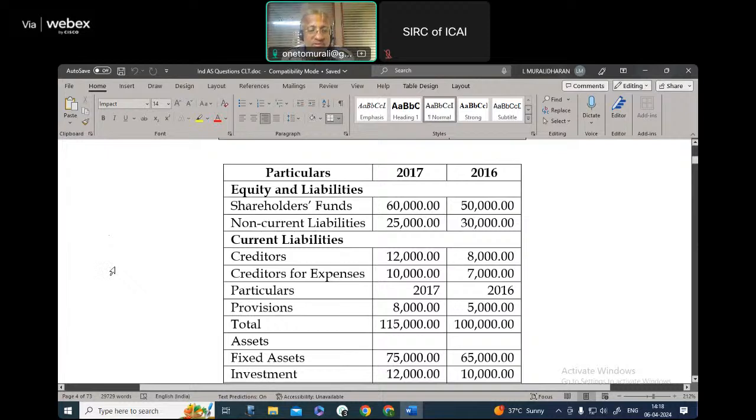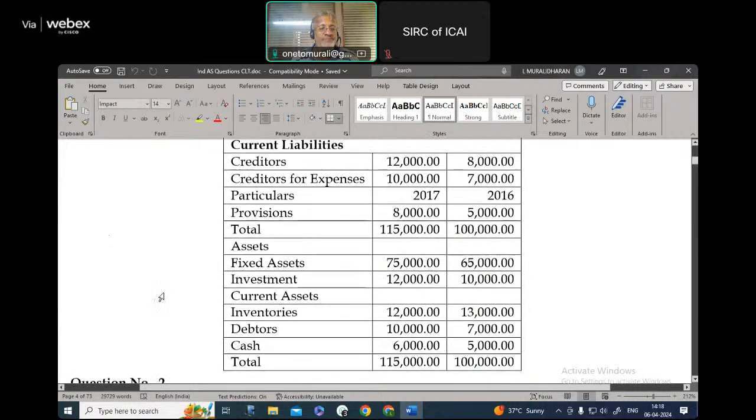Then you have shareholders fund 60,000 and 50,000, non-current liabilities 25,000 and 30,000, creditors 12,000 and 8,000, creditors for expenses 10,000 and 7,000, and we have provisions 8,000 and 5,000. Total comes to 115,000 and 100,000.